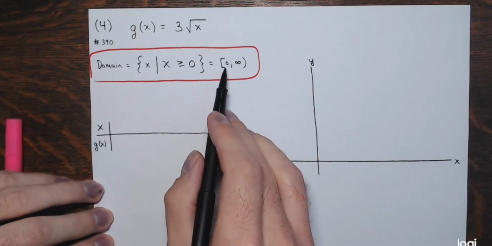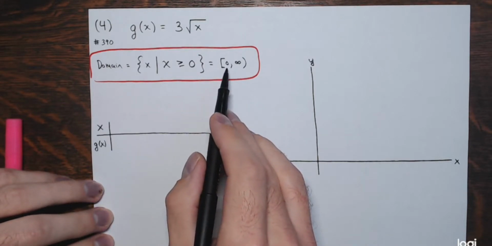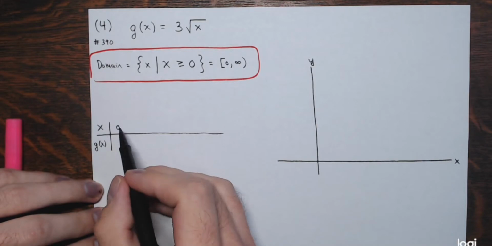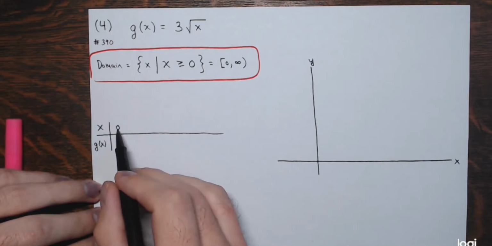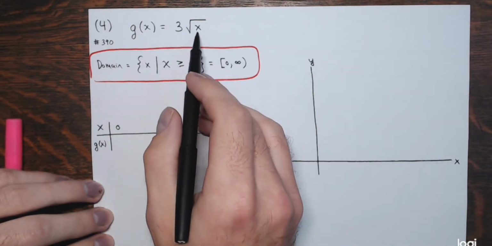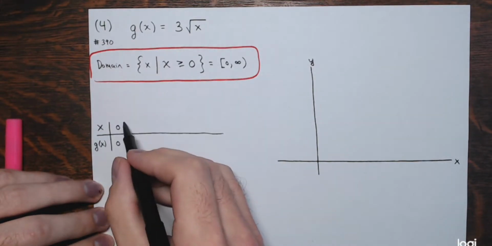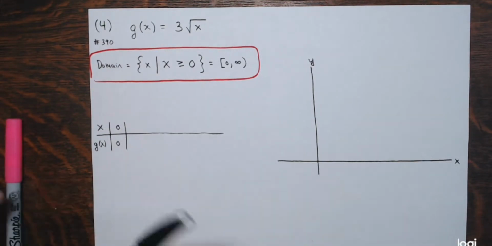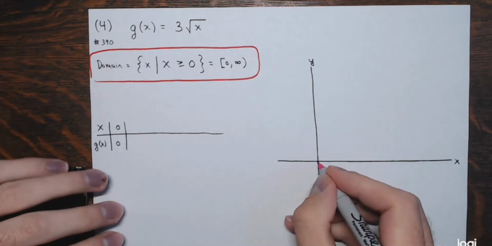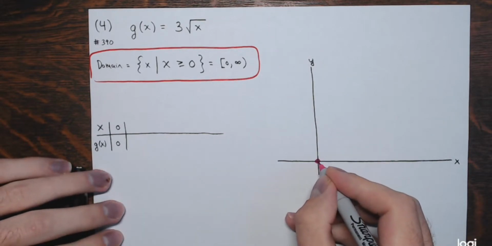The domain tells me I can only plug in values 0 or greater, so I'm going to start with 0. Now, the square root of 0 is 0, but then I have to times 3, which is still 0. So I got the origin. (0, 0) is where this graph is starting.